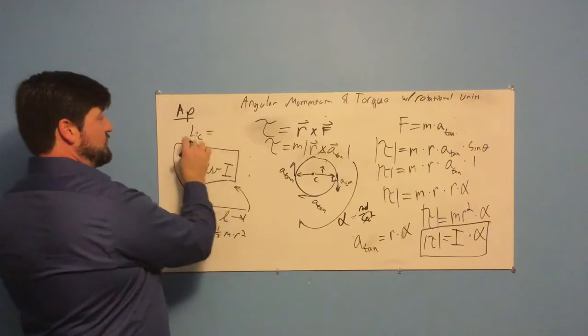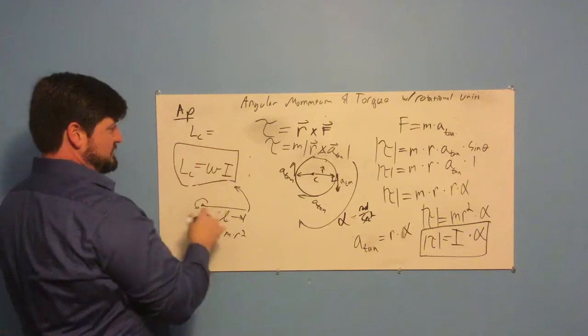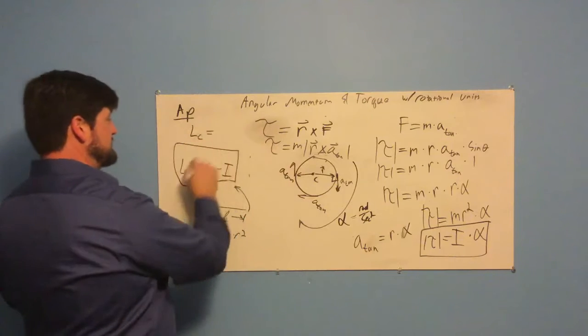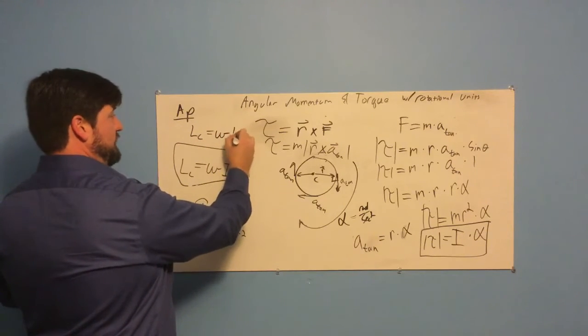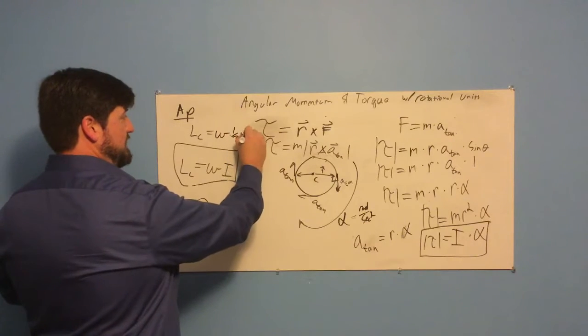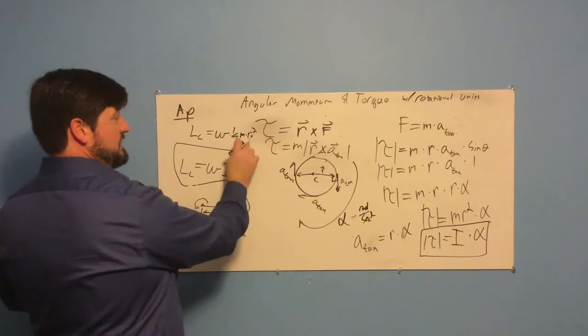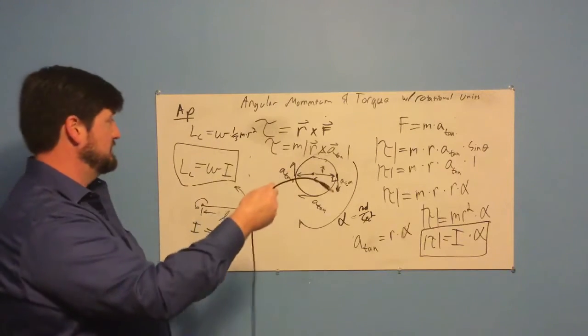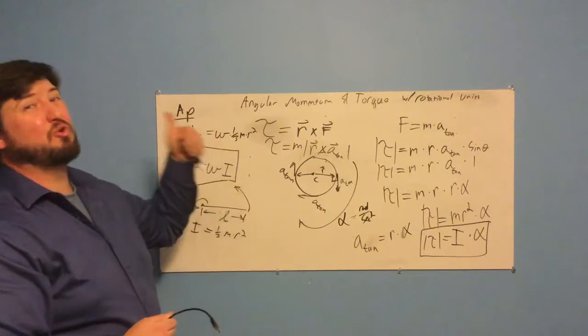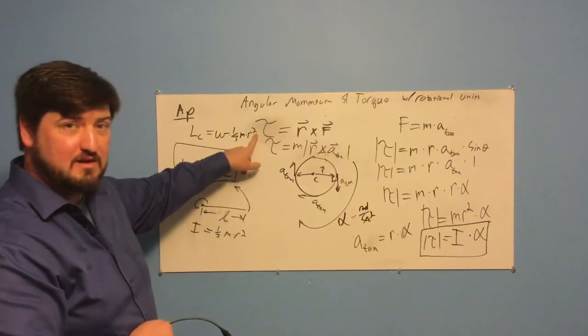So angular momentum about the spin axis, about that axis of rotation, is omega times, and I'll call it 1/3 because it's a rod, mr squared. If my r changes and shortens down, my omega is going to go up like crazy because this is a squared value, right?